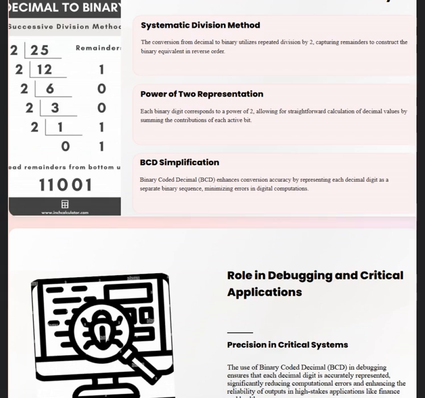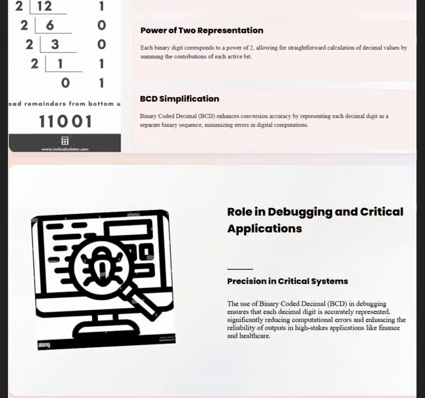Each binary bit corresponds to a power of 2, which allows for straightforward calculation of decimal values by summing the contribution of each active bit. The last one is binary coded decimal simplification, which enhances conversion accuracy by representing each decimal digit as a separate binary sequence, therefore minimizing error in digital computations.